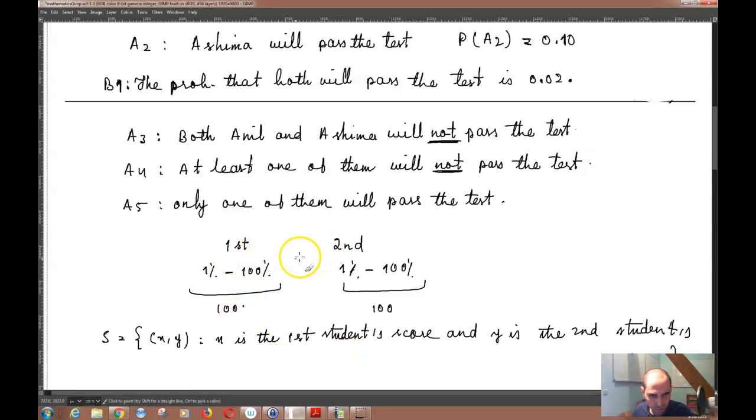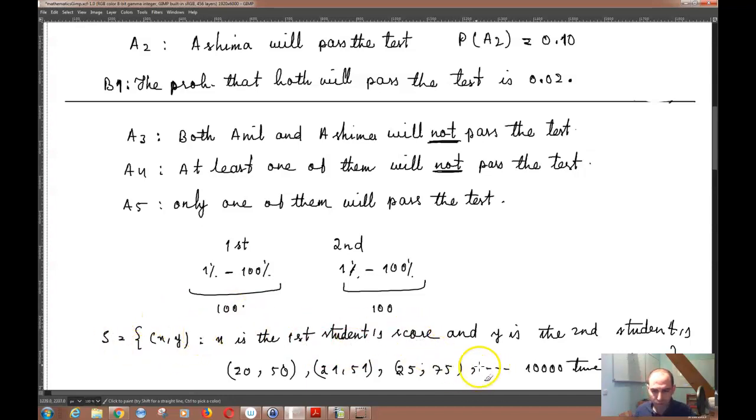And then you would get a bunch of numbers like, for example, 20 and the second student could go to 50. Of course, I'm not using the percent sign here, so you could get 20 50, you could get 21 51, 25 75, and so on and so forth, 10,000 times. Right? That would be your sample space.